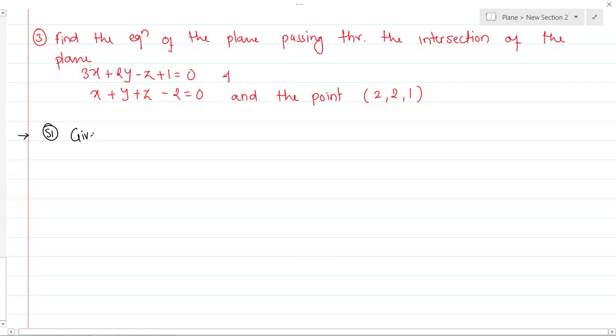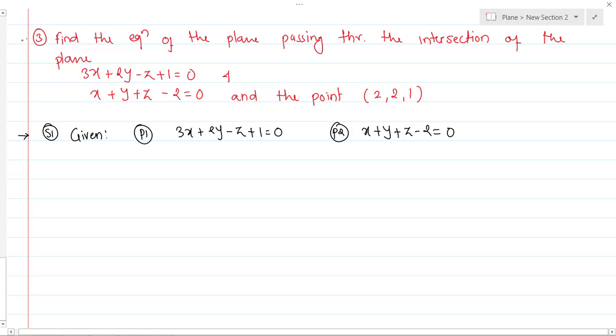Write down the given information. First plane, which I will indicate by P1, is given as 3x + 2y - z + 1 = 0, and the equation of plane 2 is x + y + z - 2 = 0.